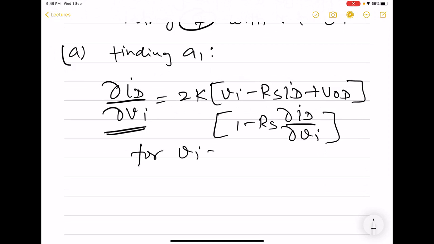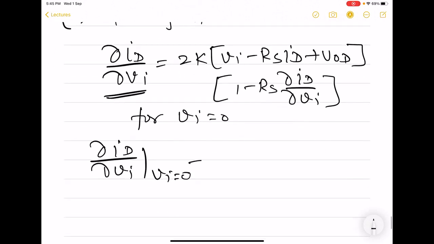So for Vi equal to 0, we write here VOD.